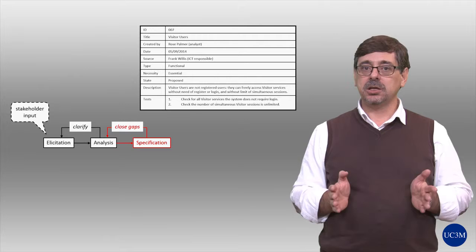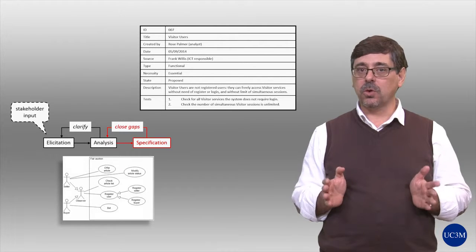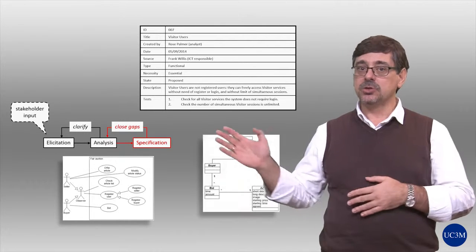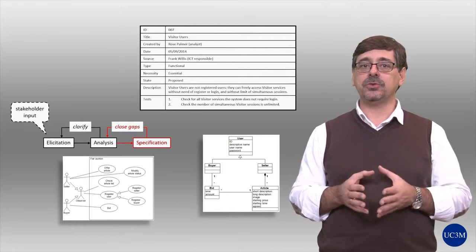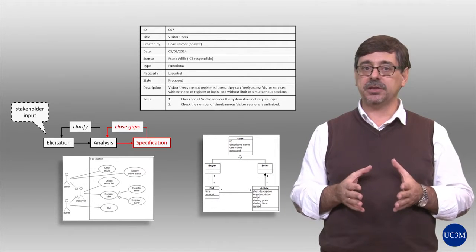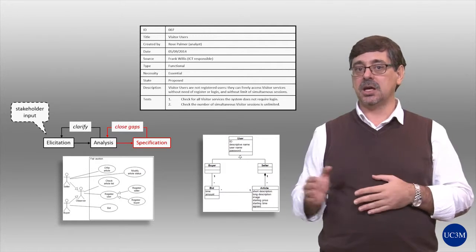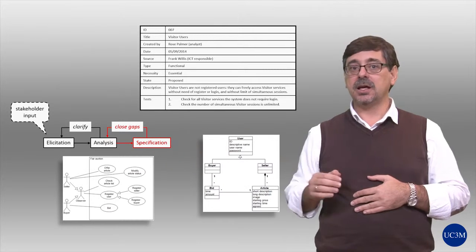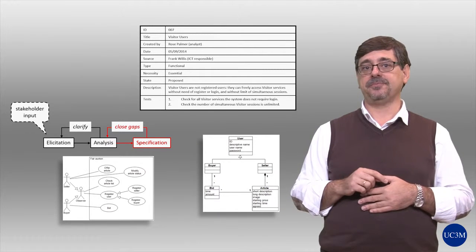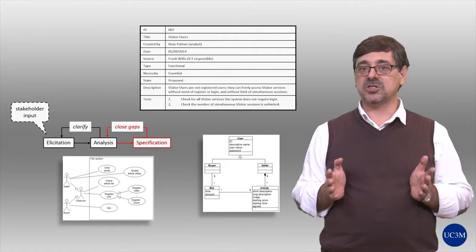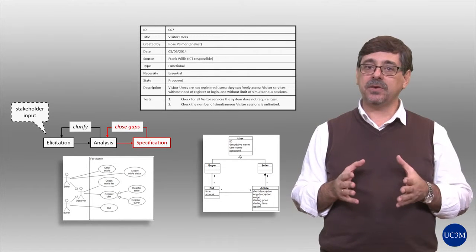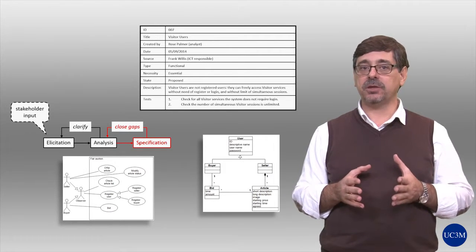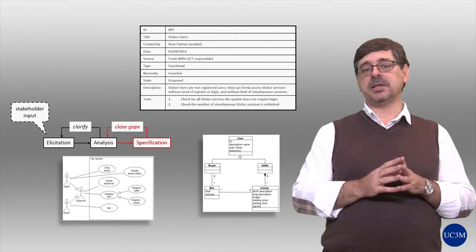The output is mainly a set of written requirements and diagrams suitable for comprehension, review, and use by their intended audiences, that is, stakeholders on the one side and designers on the other side. The task of specification will identify gaps to be clarified with further analysis and elicitation.